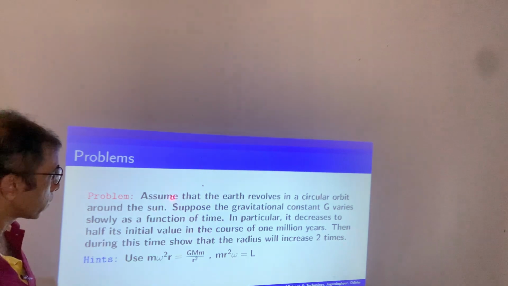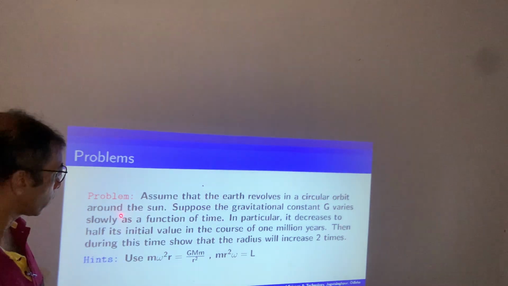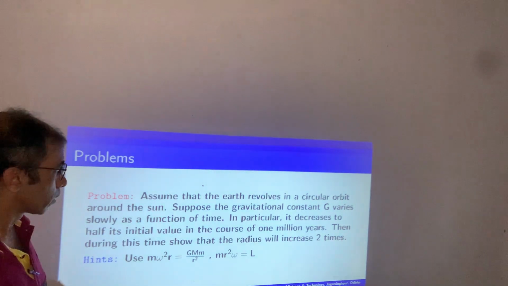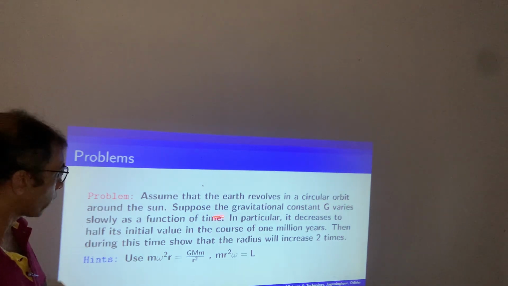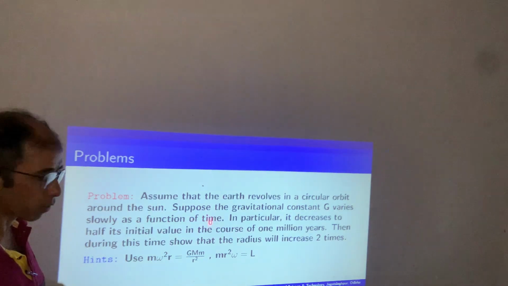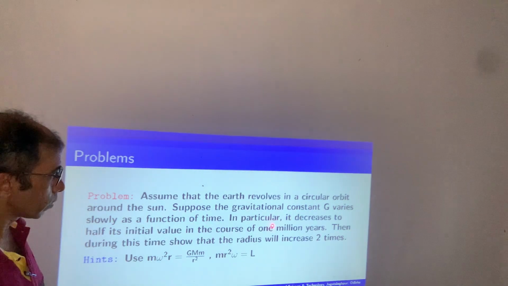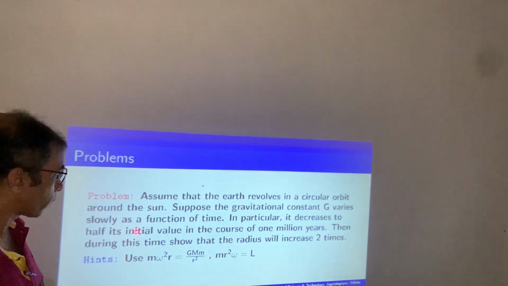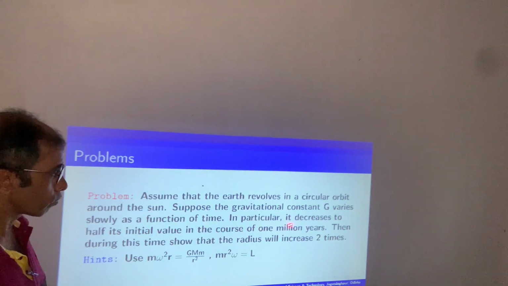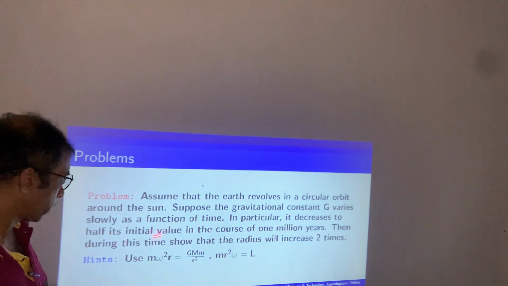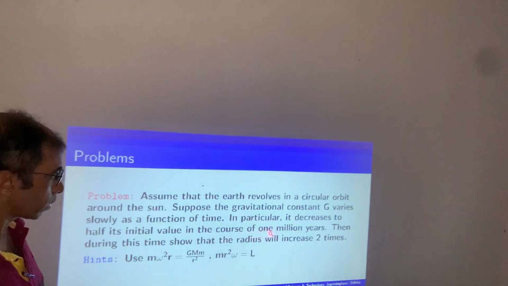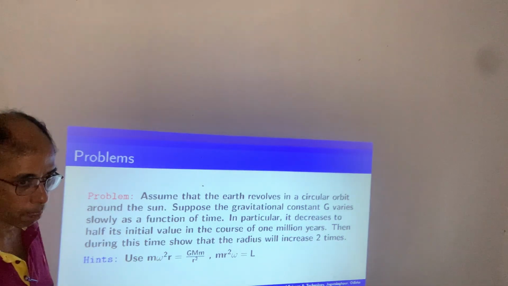The next problem is, assume that the Earth revolves in a circular orbit around the Sun. Suppose the gravitational constant G varies slowly as a function of time. In particular, it decreases to half its initial value in the course of 1 million years. Then, during this time, show that the radius will increase 2 times.